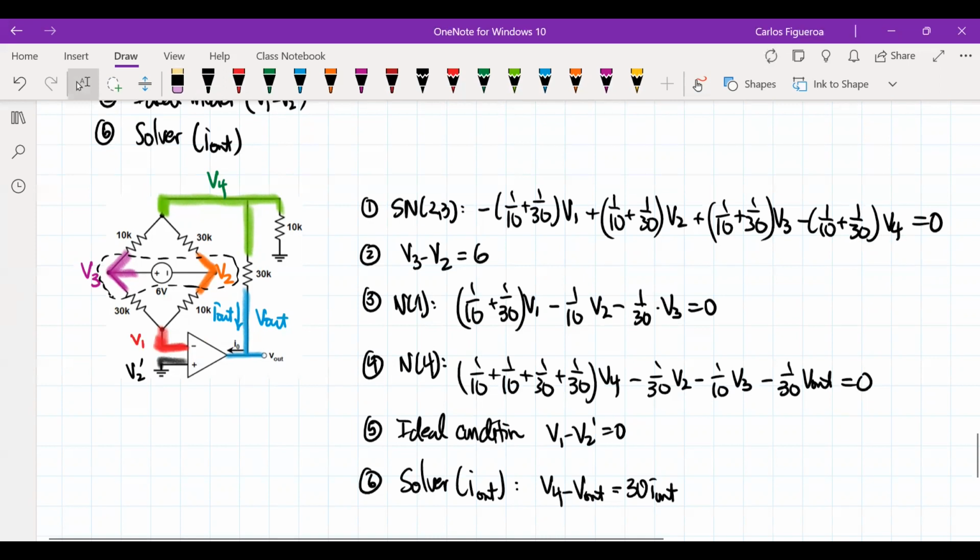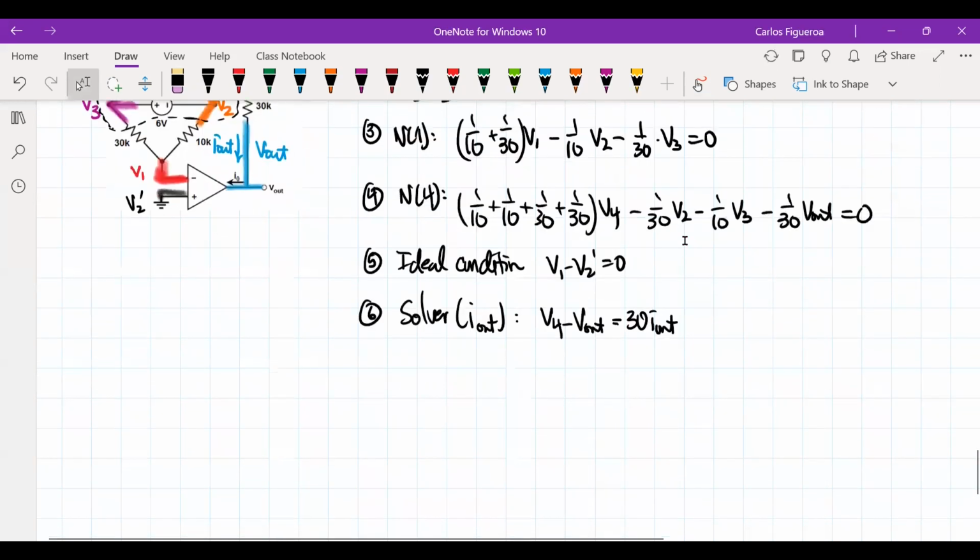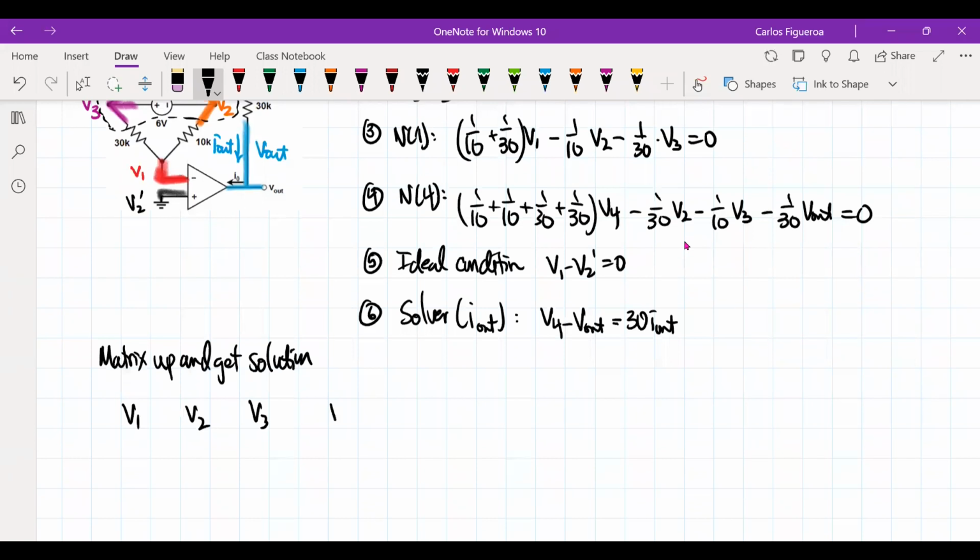So now I'm going to matrix this thing up and write a solution. So let's see how this comes out. So now I'm going to matrix up and get solution. So I have V1, V2, V3, V4.